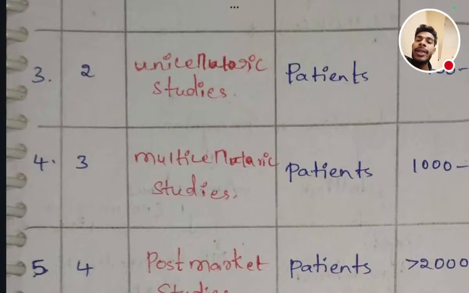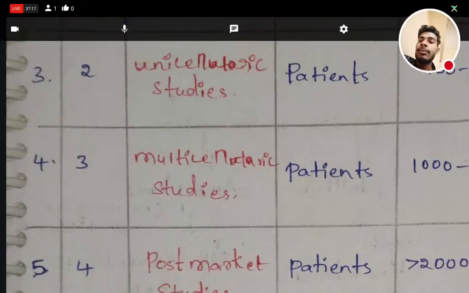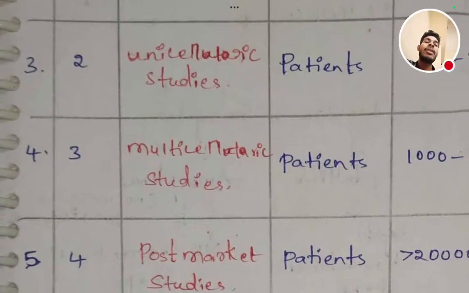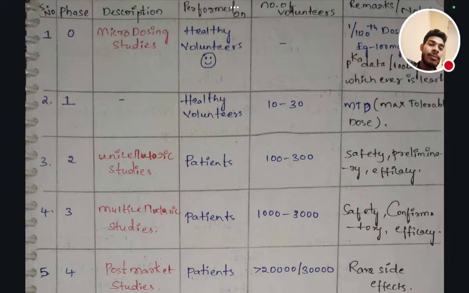Like phase 2 will be done in Lucknow, where the Central Drug Research Institute, CDRI, is, or Delhi or any city like this. But phase 3 will be done in different cities like Delhi, Chennai, Hyderabad, Bengaluru. And phase 4 is done all over India, or all over the country, you can say.